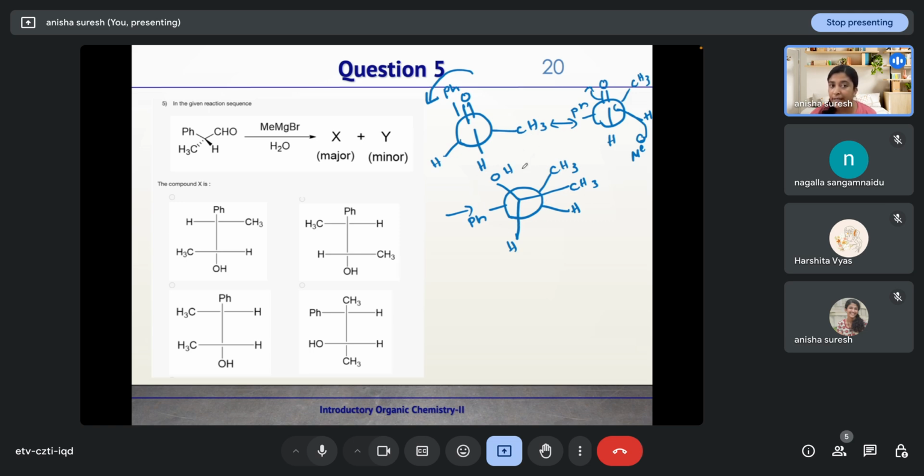Now for converting it into the Fischer projection, you have to draw it in eclipsed fashion. So for that, you will rotate it in this direction.